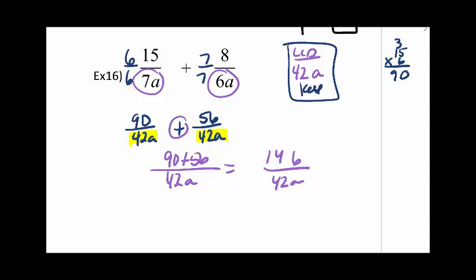So again, y'all have a calculator, you have that ability, but for example, right now, I can at least know that it's divisible by 2. So if I divide it by 2, that's going to give me 73, and then the denominator, that's going to give me 21A. Looking at this piece here, the only things that could work would be a 3, and a 3 isn't going to work, top and bottom, or a 7. So that is my answer.